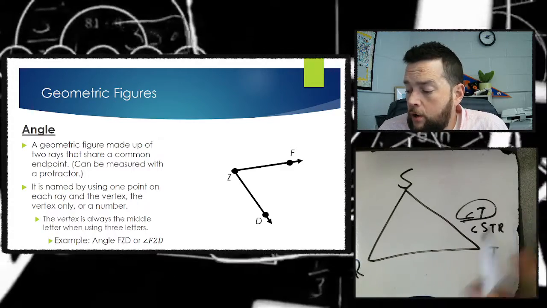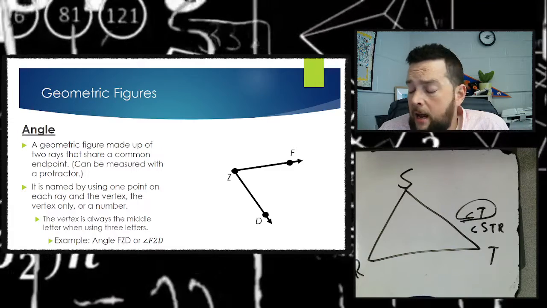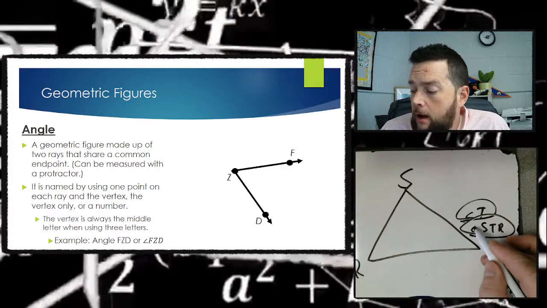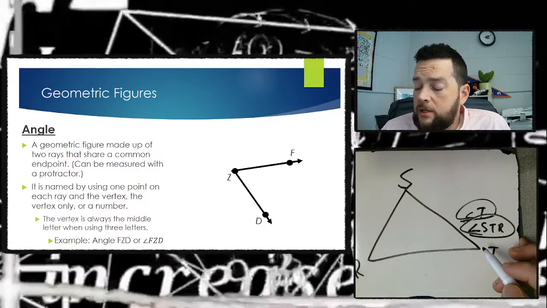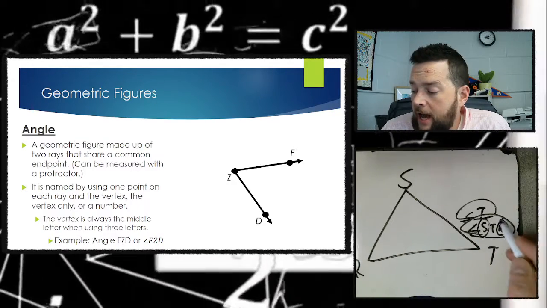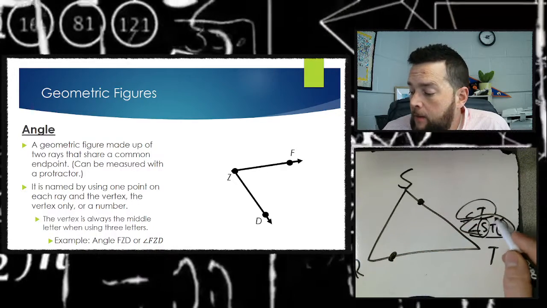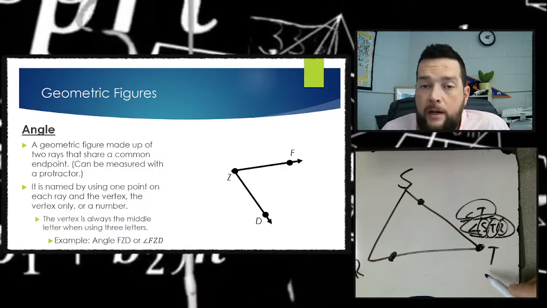The predominant way you're going to see is by just using that angle. But you do need to understand this because you do see this quite a bit. So if you have 3 letters, it's telling you the first and the last letter are points on the rays, and the middle letter is the common endpoint.